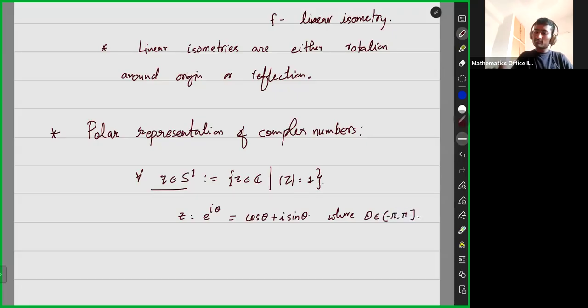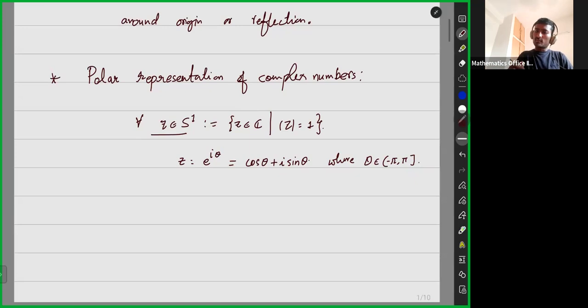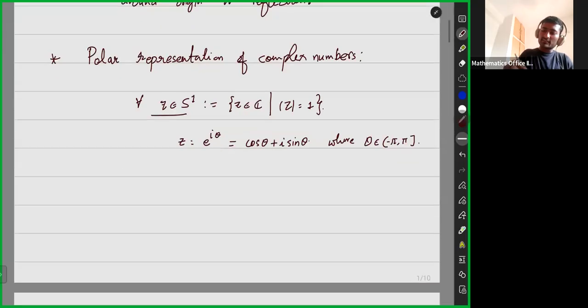From here, for every complex number z we can write a kind of decomposition: z is equal to mod z times z divided by mod z. Now this belongs to S1.